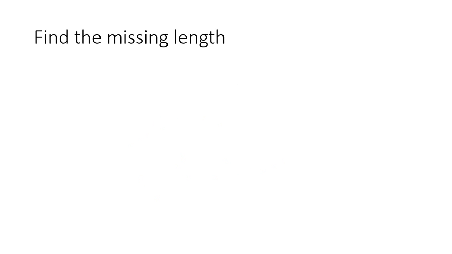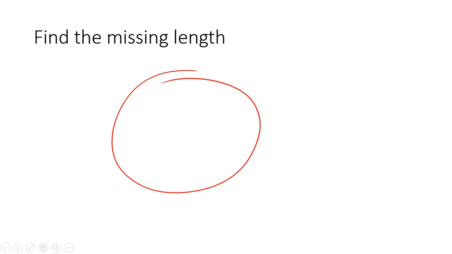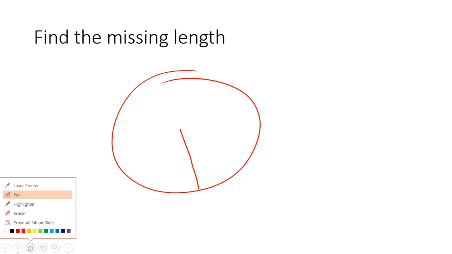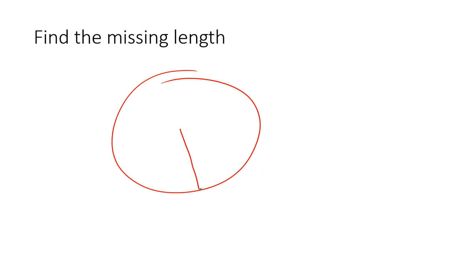One application for this is that let's say we have this circle and we have our radius. We have our tangent right here, and then we have this length right here.